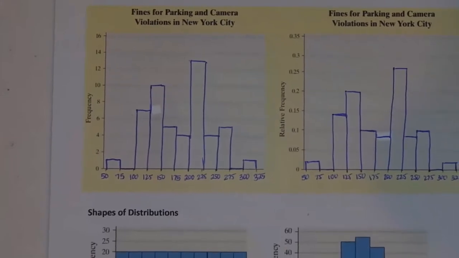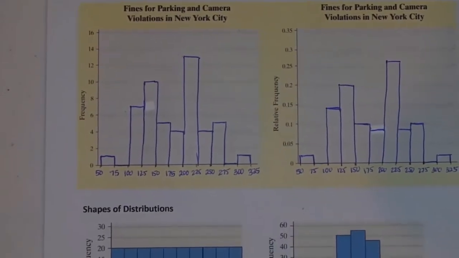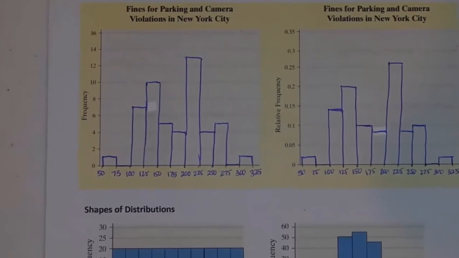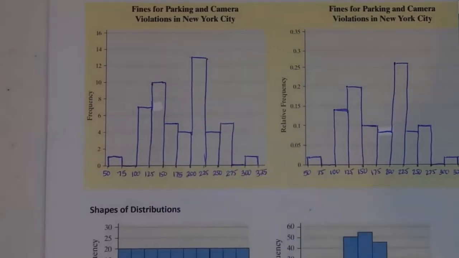So what about this? If you had to describe this as uniform, bell-shaped, skewed right, or skewed left, here's the problem with these descriptions. Sometimes it's not completely clear. I'm not absolutely positive what I would call this.